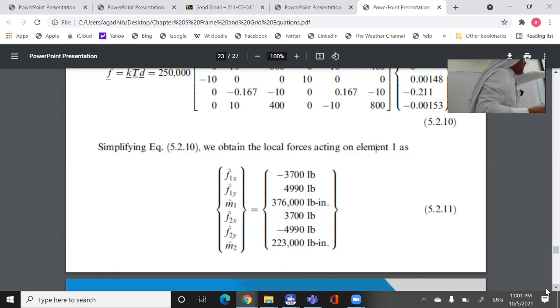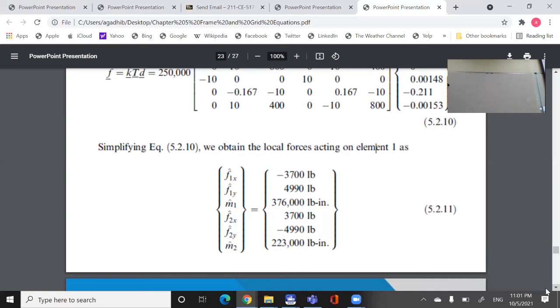Now in node 2, the first one is what? Up or down? Up. How much? And it is already clear that summation of fx equal to 0. Very good. Now let's go to y. Are you sure? Yes. It has to be to the right. Okay. 4990.